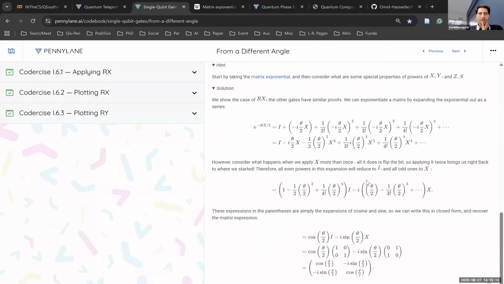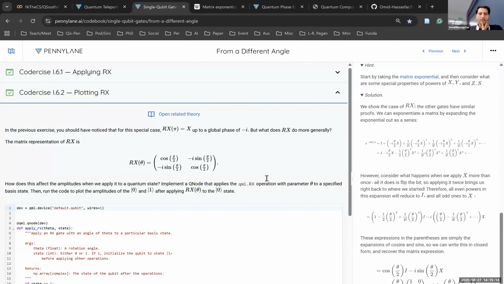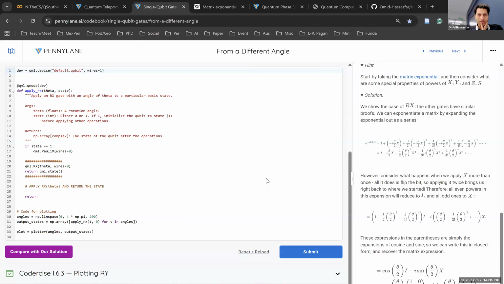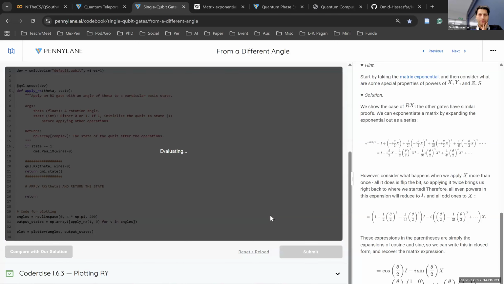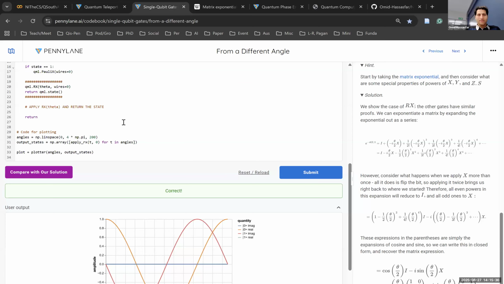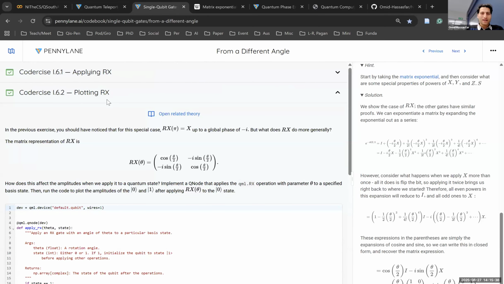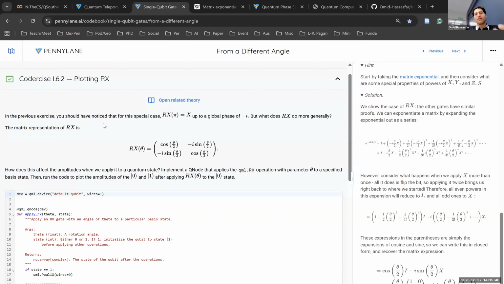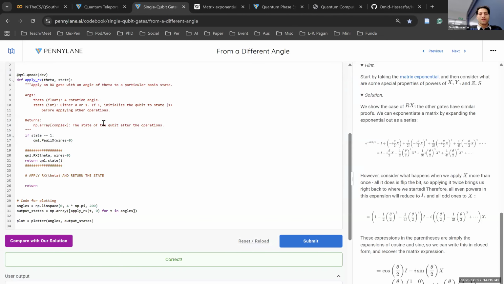In this exercise, unfortunately, I think I solved this before the class. I highly encourage you to check this interactive codebook, because you can learn on the right side and then apply what you have learned as code on the left-hand side. The title is plotting Rx, but when you apply Rx to the state, what will happen?